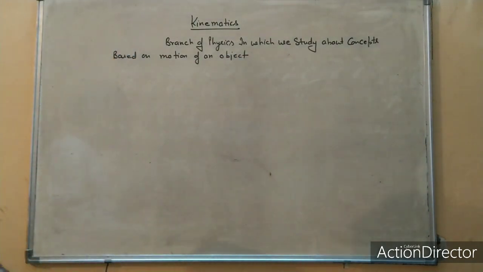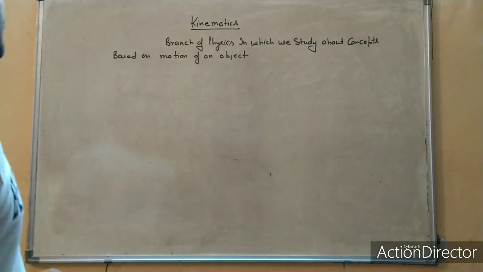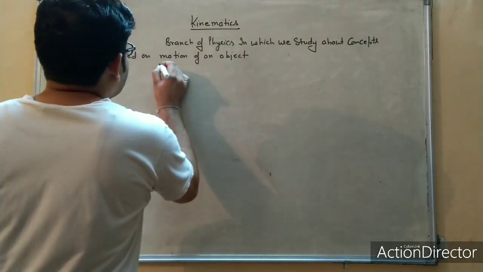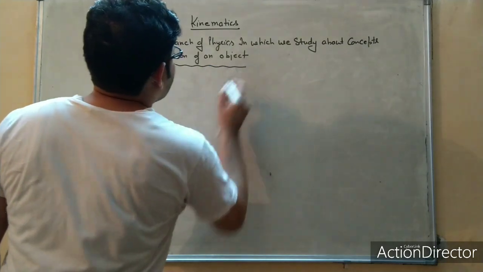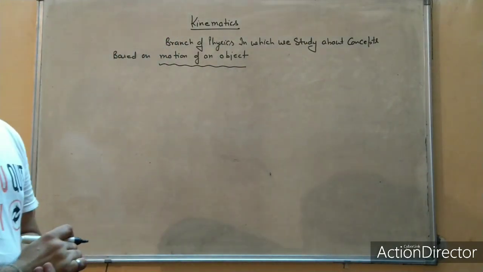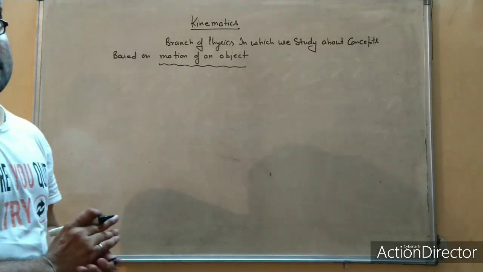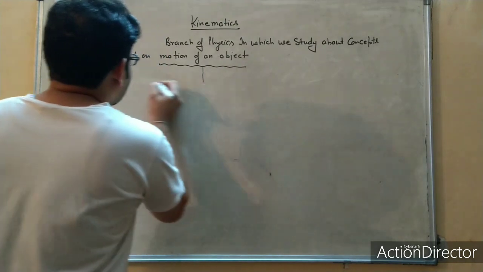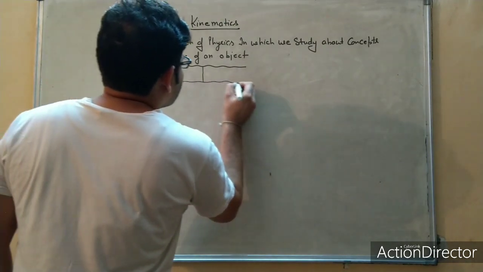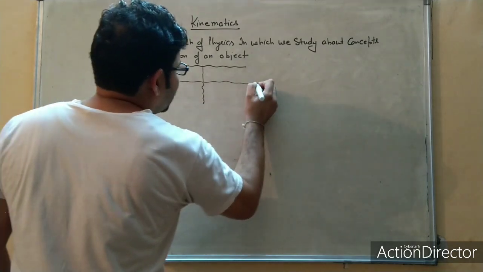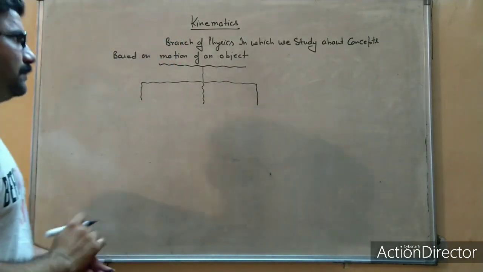That is called kinematics. Since we know that this is basically the motion of an object, how many types of motion of an object there are will also decide how many types of kinematics. Here, motions are generally of three types.